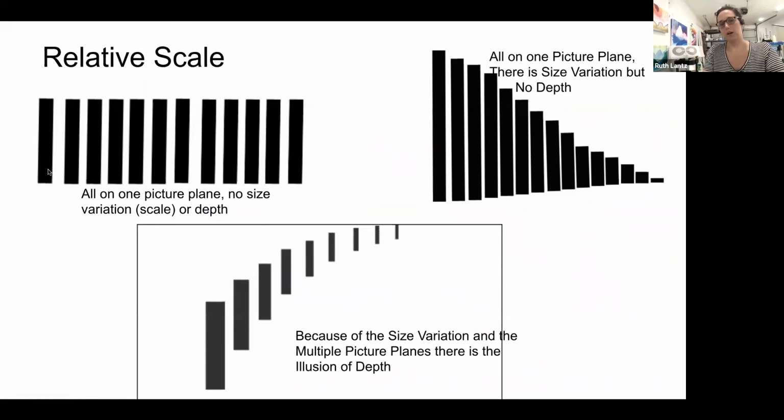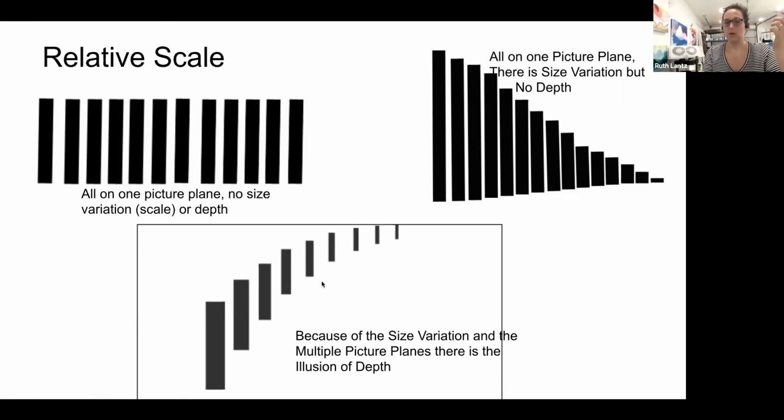So if you think about relating to it on just a formal level, if everything is the same size here and also on the same level, there's no size variation and no depth. Whereas here, things are varying in size, but because they're on the same plane, there's no depth.